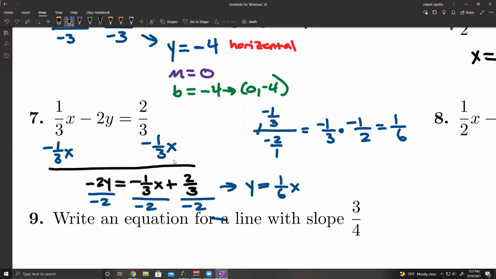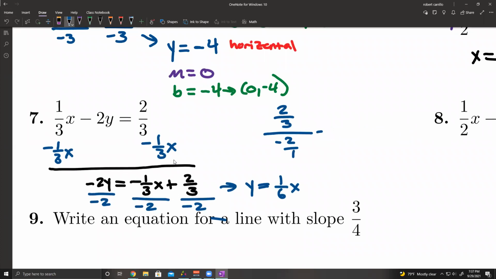Okay, but now we have to do it for the other one. So do it again. 2/3 over -2. Put 2/1 and keep the first fraction, change to multiplication. And now it's going to be 2/3 times -1/2. And what's going to happen with our 2's?